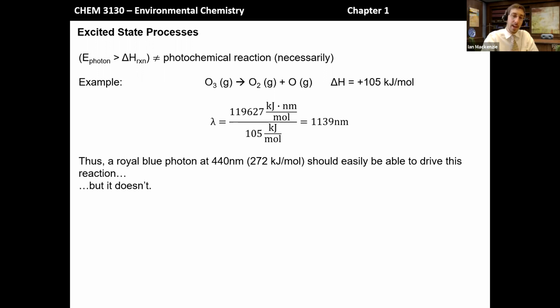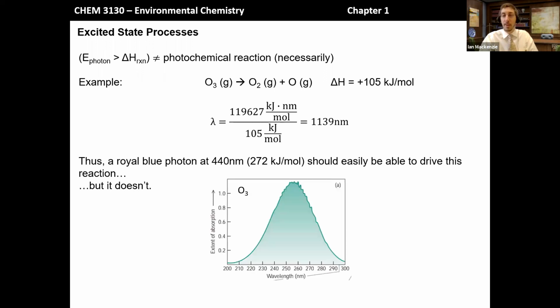The reason for that has to do with the absorption spectrum. If we look back at the absorption spectrum for O3, we see that it absorbs maximally around 255 nanometers, and then it drops off to essentially 0 above 300, maybe above 320 or so. I haven't shown the whole spectrum, but essentially at 440 nanometers, there's basically no absorption by ozone whatsoever.